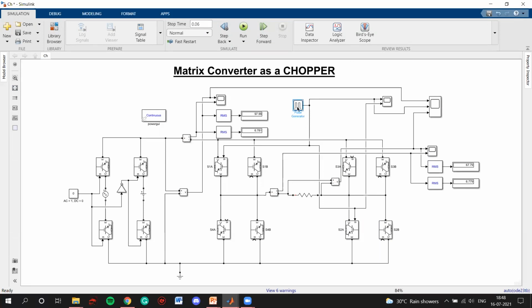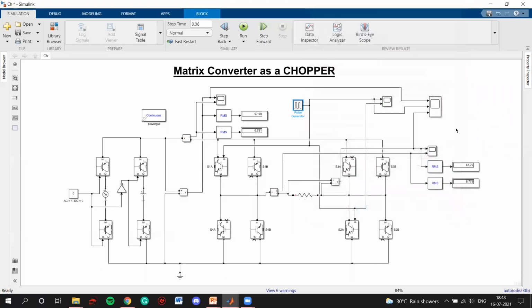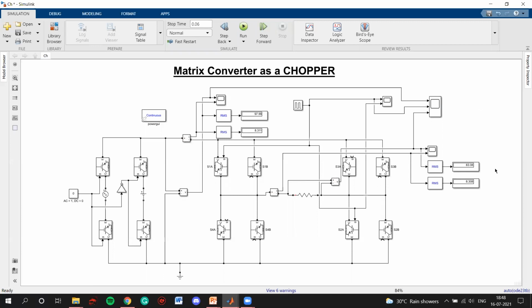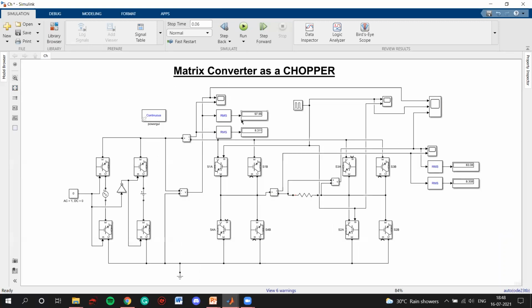So if we change the duty cycle, let's go for 75%. So more the duty cycle, that means for more duration, the gate pulses will be turned on. That means for more duration, the voltage source is directly connected parallelly to the load. So we can see it increase from 69 to 83%.